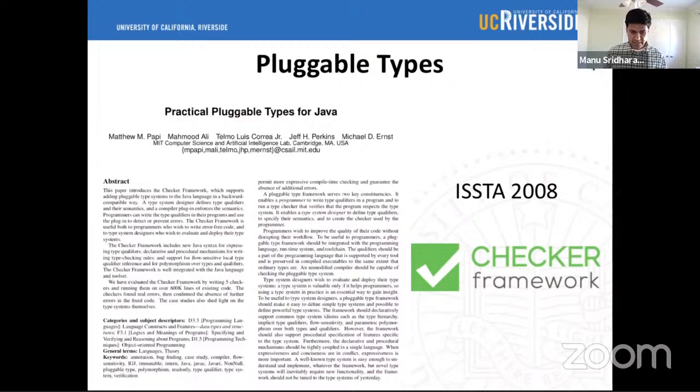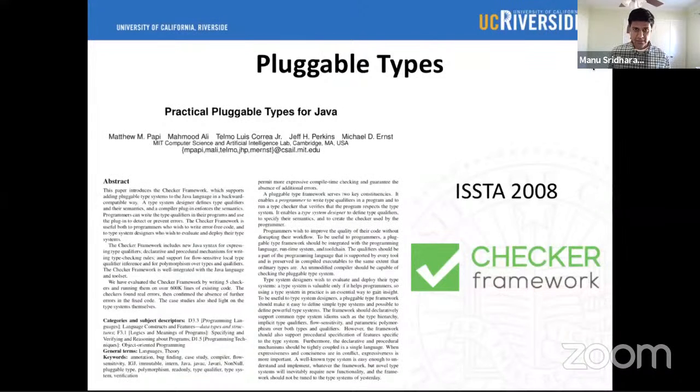You can add type annotations via the Java annotation system, though that's not fundamental; you could do it via comments as well if you wanted to. One of the main original papers on the technique was published in 2008 at ISSTA, and it's been embodied in the Checker Framework since that time.